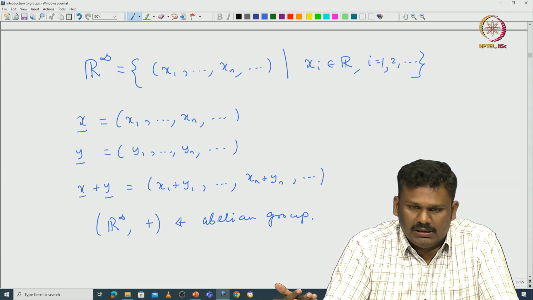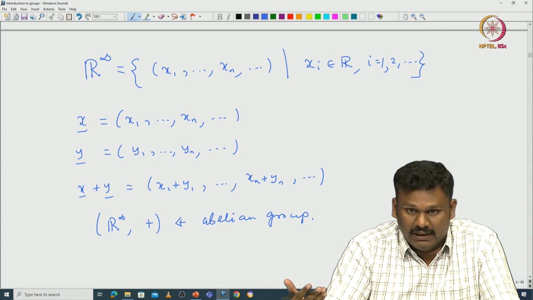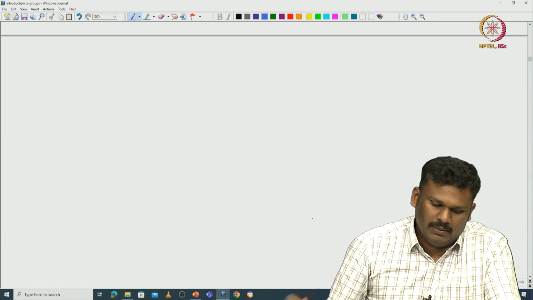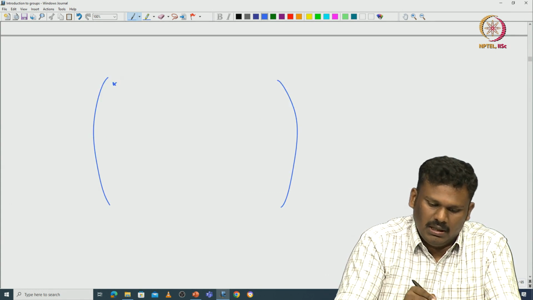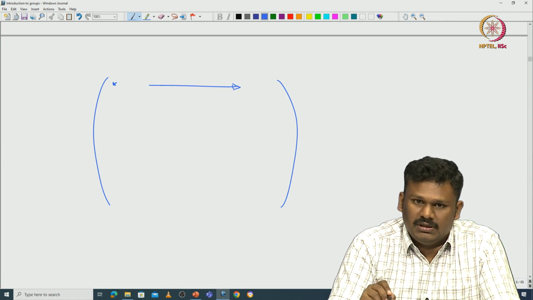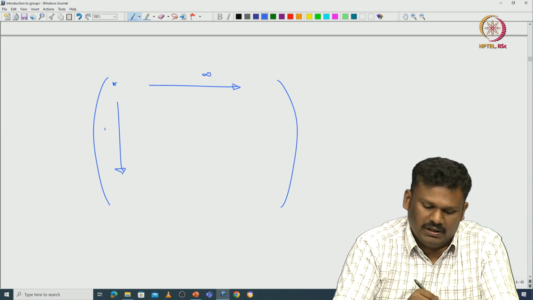For example, very similar to this, you can also talk about matrices having infinite rows and infinite columns. So for example, you can talk about a matrix that starts here, and the number of columns is infinite, the number of rows is also infinite.